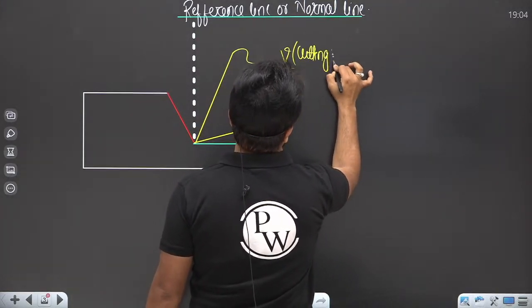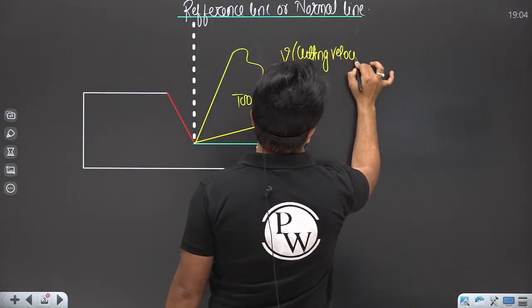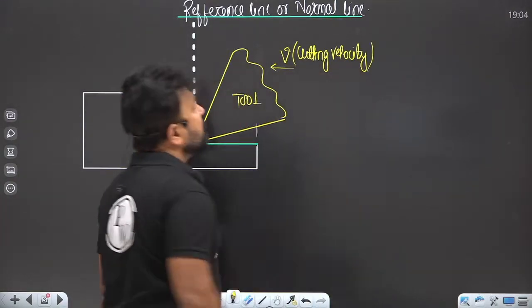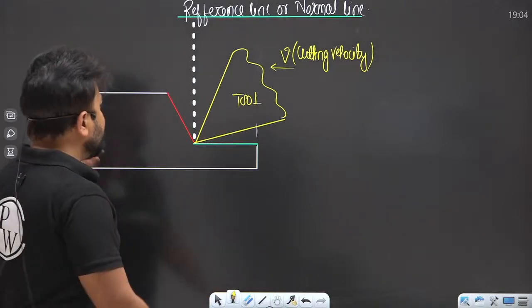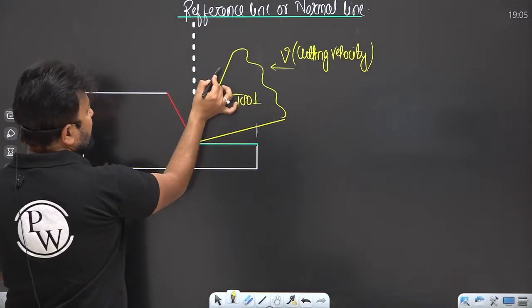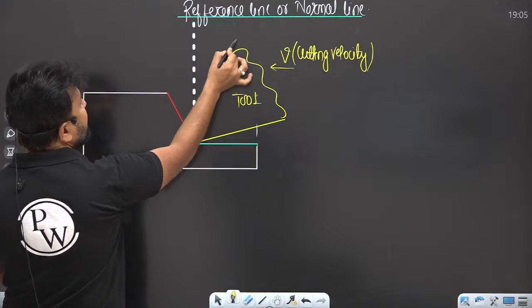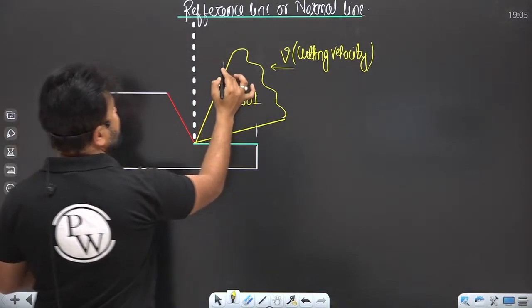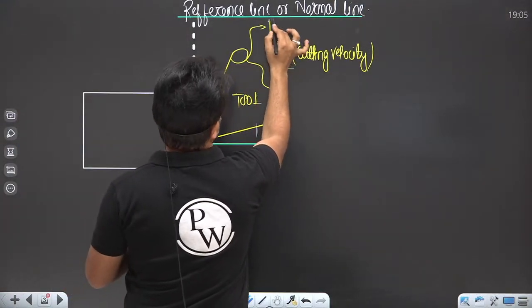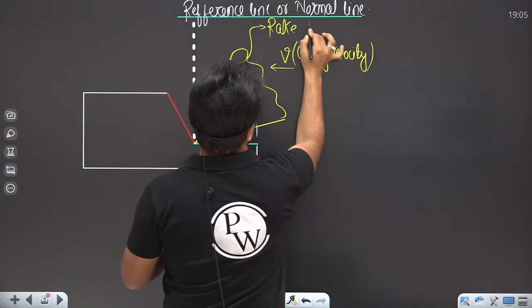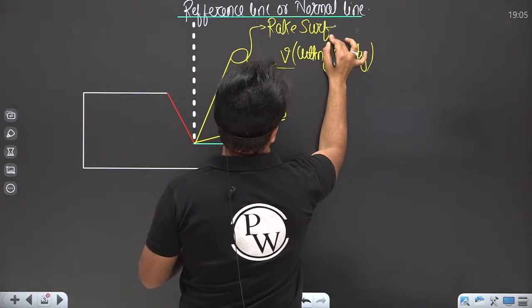Here you see the inclination of the rake surface. This is the rake surface.